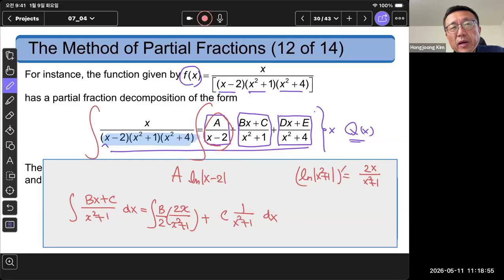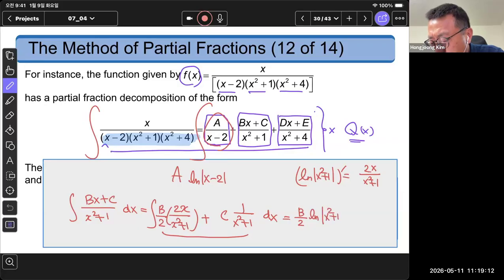So when I rewrite bx plus c over x squared plus 1 by the sum of these two, the first term will be b over 2 times ln of the absolute value of x squared plus 1.